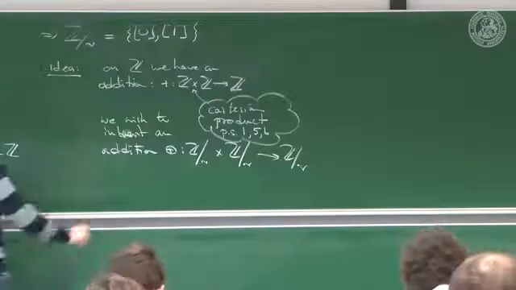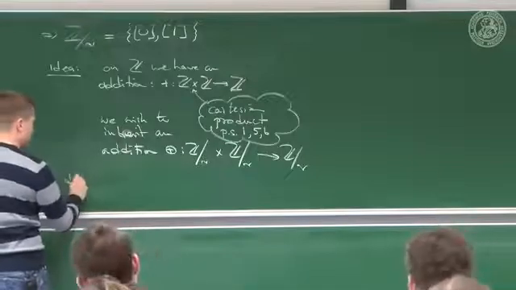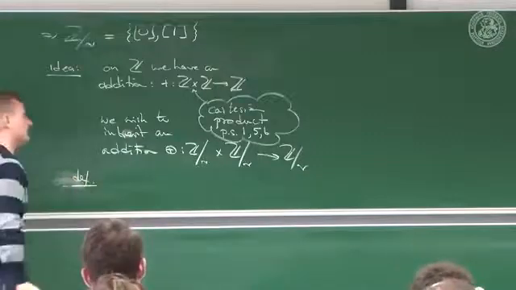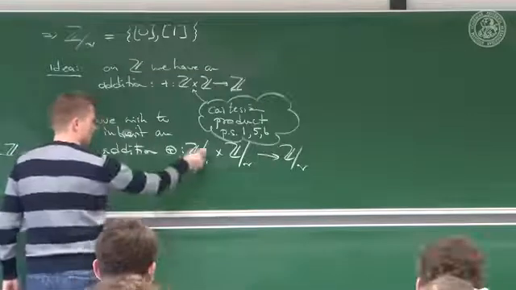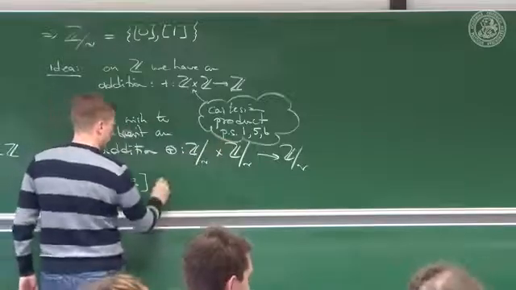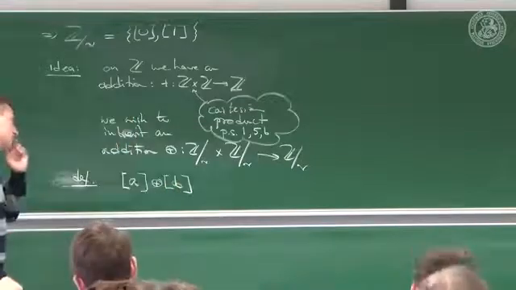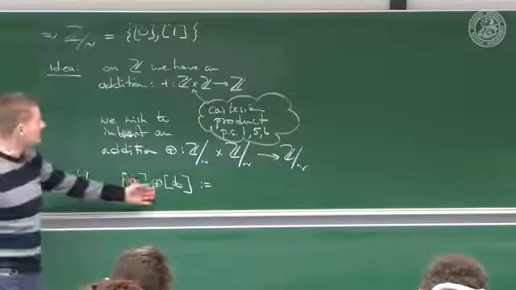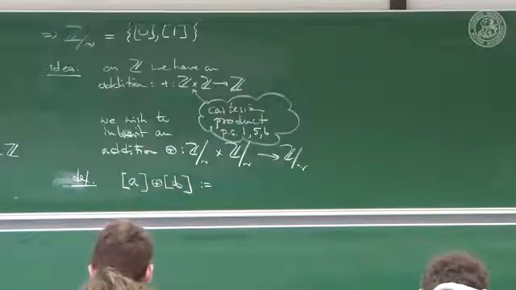We could come up with our tentative definition: I take an equivalence class, an element from here, I take another element from here, and I add them, because that's exactly what this addition is supposed to do. I have to specify how this works, and I want to define this in terms of this addition on Z. That's what I mean by inherit it.